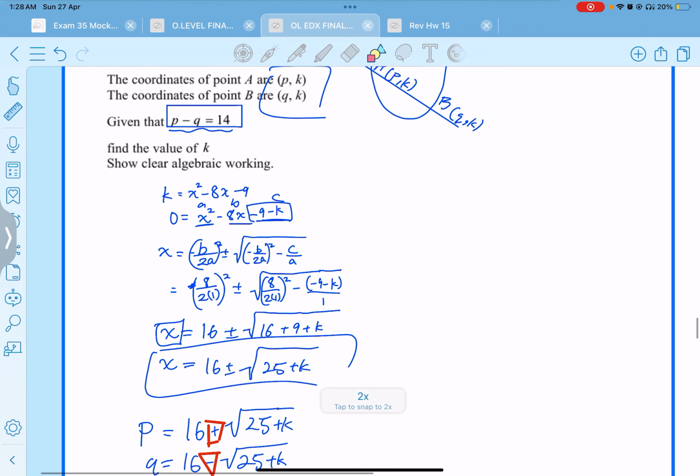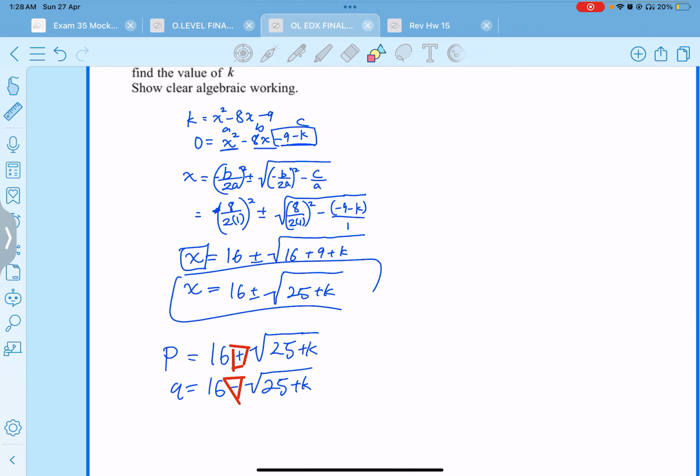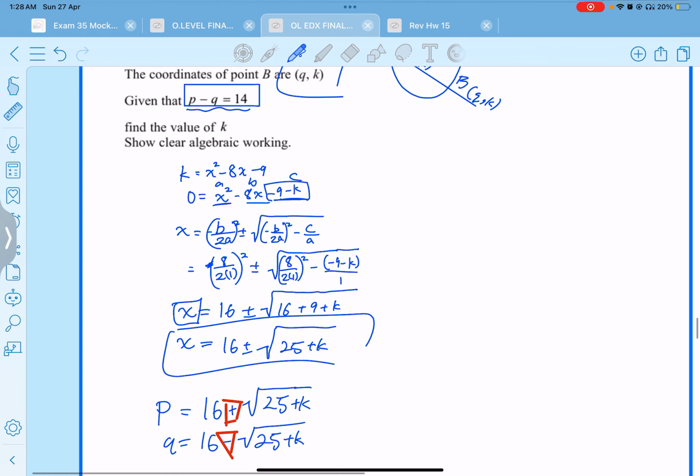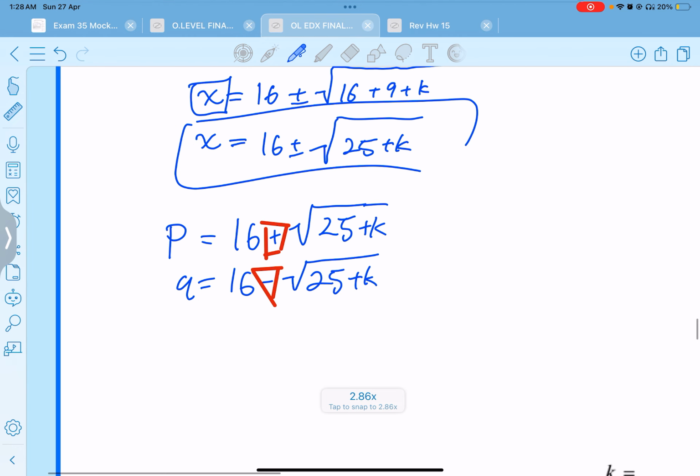So using this, I'm going to solve it. And in this case, the only unknown is going to be k, and it's going to be easy to solve.